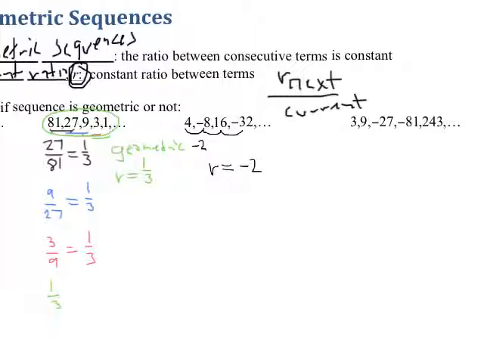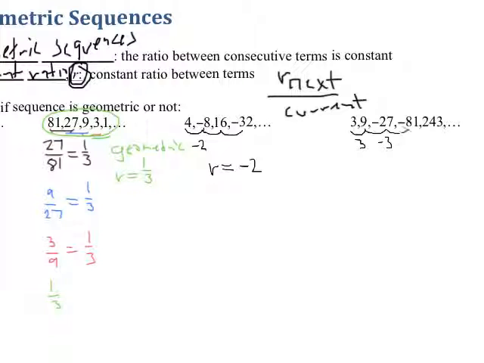And if I look at our last example, to go from 3 to 9 is a multiple of 3, ratio of 3. To go from 9 to -27 is a multiple of -3. And so I can throw this out right now. It's not going to be geometric. It doesn't go up by the same amount each time.